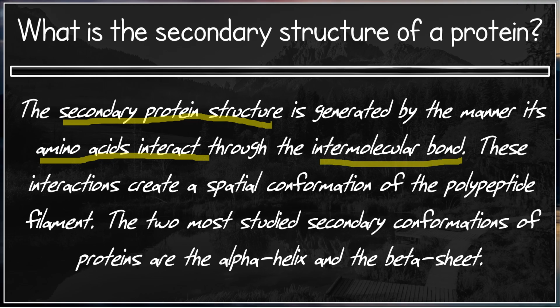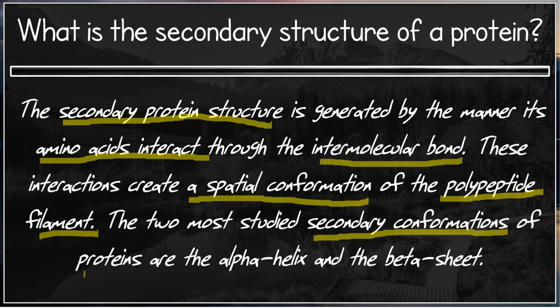These interactions create a spatial conformation of the polypeptide filament. The two most studied secondary conformations of proteins are the alpha helix and the beta sheets.